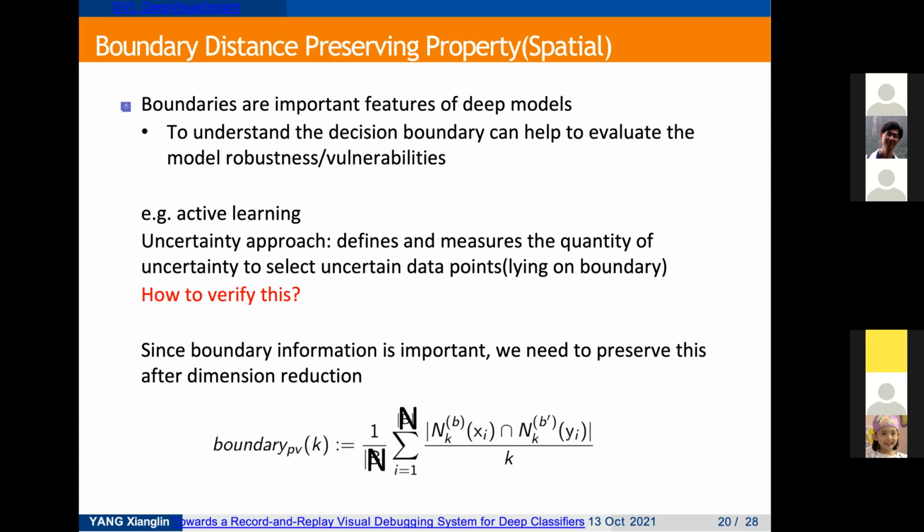And for the counterpart of xi, yi, we again find its k-nearest boundary points in low dimensional space, denoted as nkb'(yi). Next, we calculate the intersection between the two sets and then normalize the value by k. Finally, we sum over the values and average out. That serves as the value for the boundary distance preserving property.